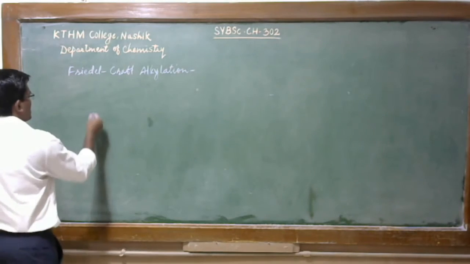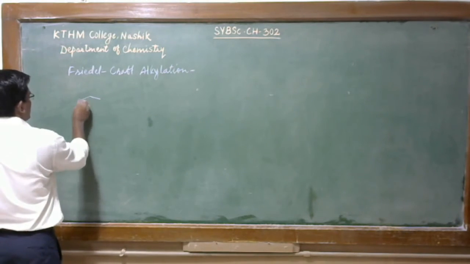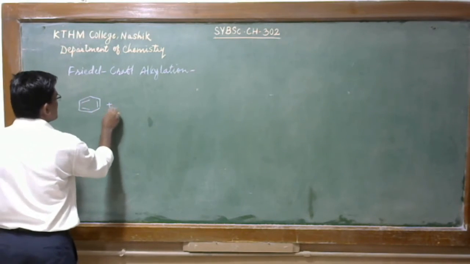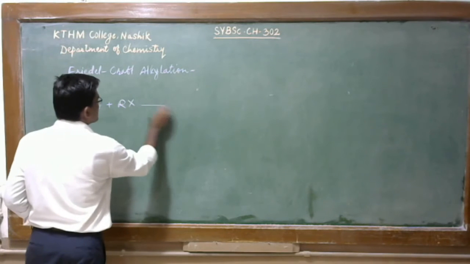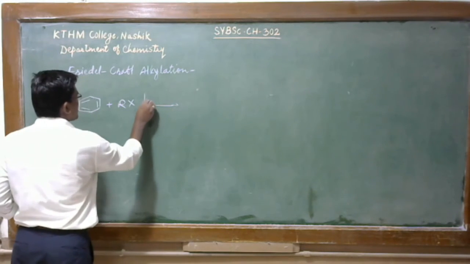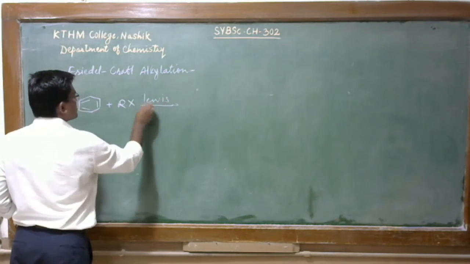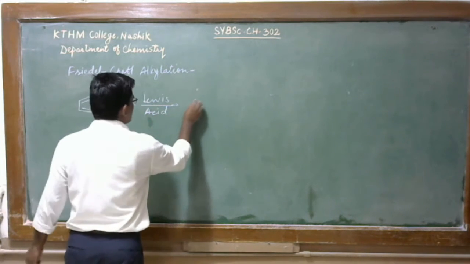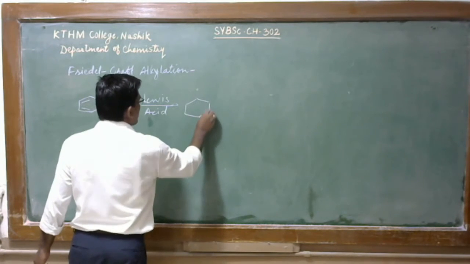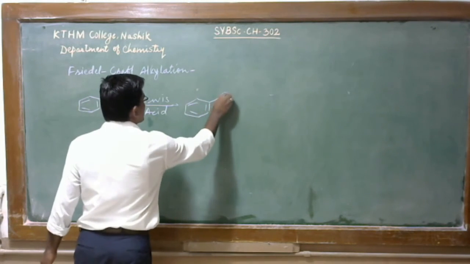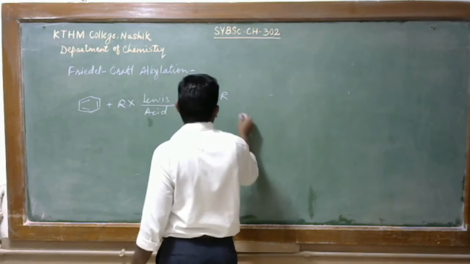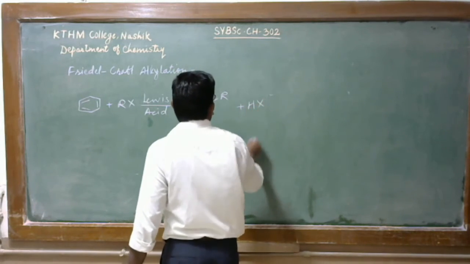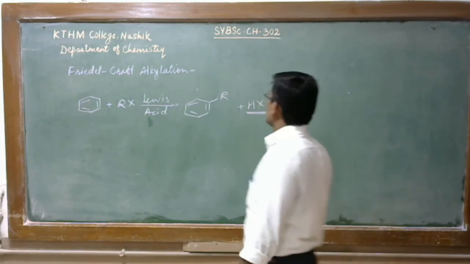it gives rise to alkyl benzene. So let us see the general reaction: when this benzene reacts with alkyl halide in the presence of Lewis acid, it gives alkyl benzene along with the acid.